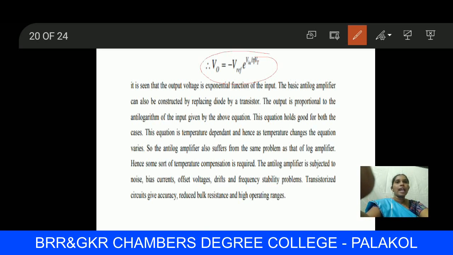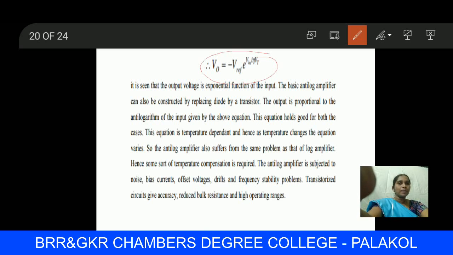The basic anti-log amplifier can also be constructed by replacing the diode with a transistor. That means in place of the diode we can use a transistor. The output is proportional to the anti-logarithm of the input, that is the above equation. It is good for both cases.